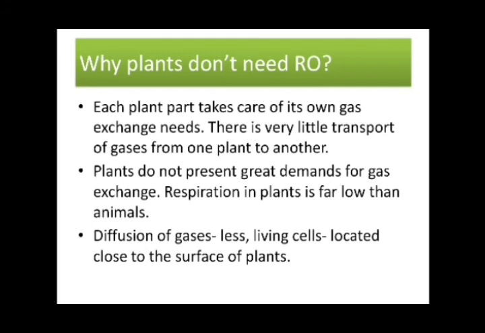It means each cell works independently. There is very little transport of gases from one part of the plant to another. Secondly, plants do not have a great demand for gas exchange. The rate of respiration in plants is very low as compared to animals.